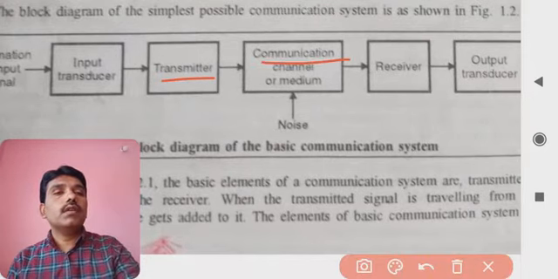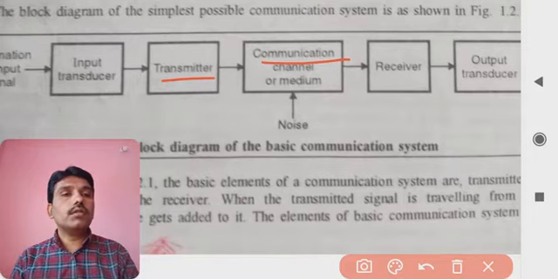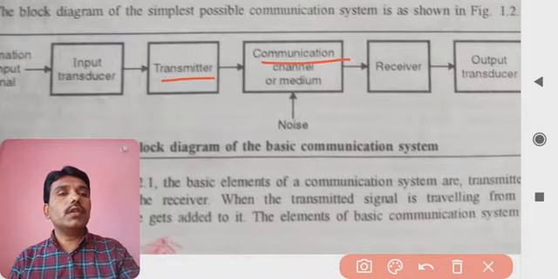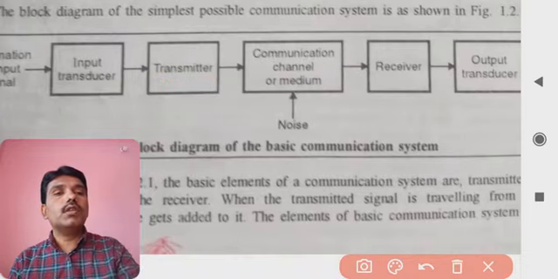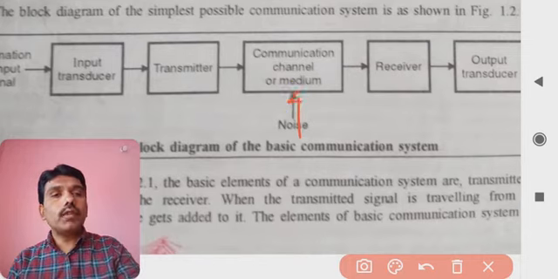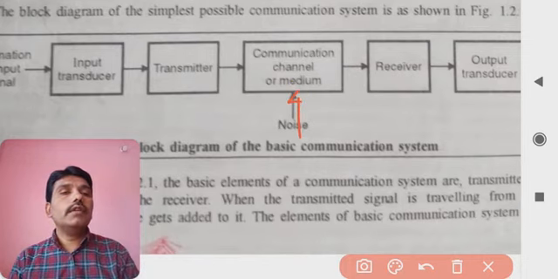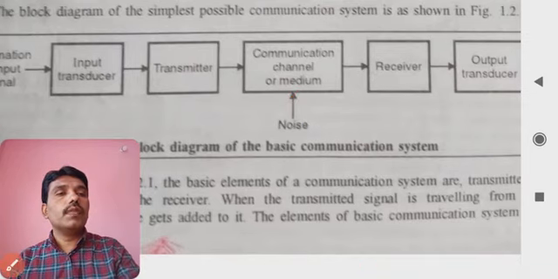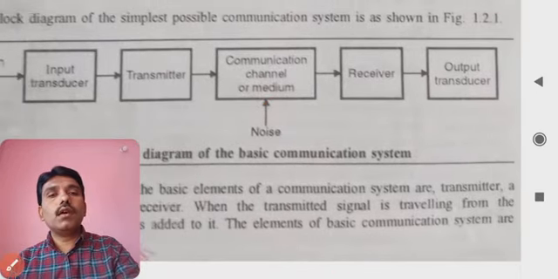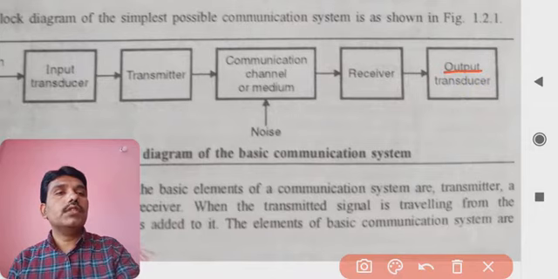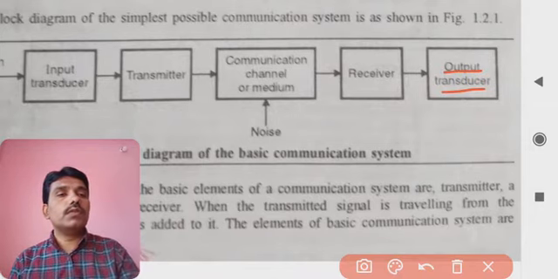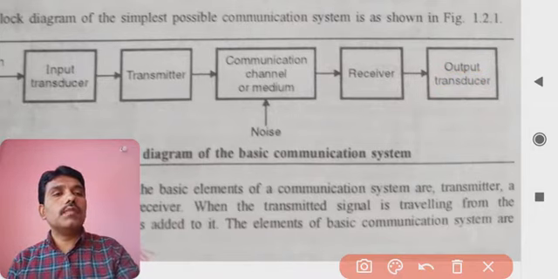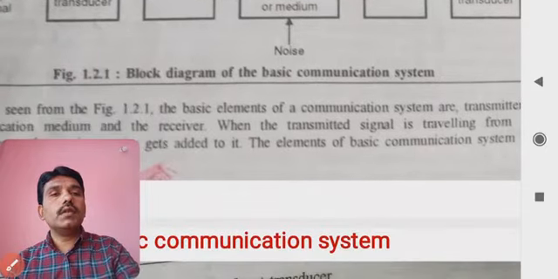Another part is the communication channel, the medium through which the transmitted signal travels over longer distances, and noise somehow gets added. The receiver end receives the signals, and lastly the output at the destination, where the output transducers are. So this is the basic block diagram.